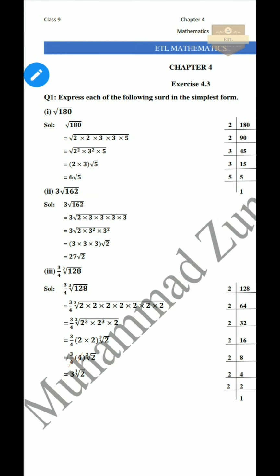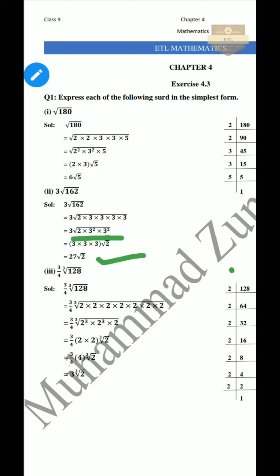So we can write it as 2 multiplied by 3 power 2 multiplied by 3 power 2. So this 3 power 2 multiplied by 3 power 2 will come outside by cancelling the power with the square root and it will become 3 multiplied by 3 multiplied by 3 under root 2. So 3 3s are 9, 9 3s are 27, 27 under root 2 is our answer.